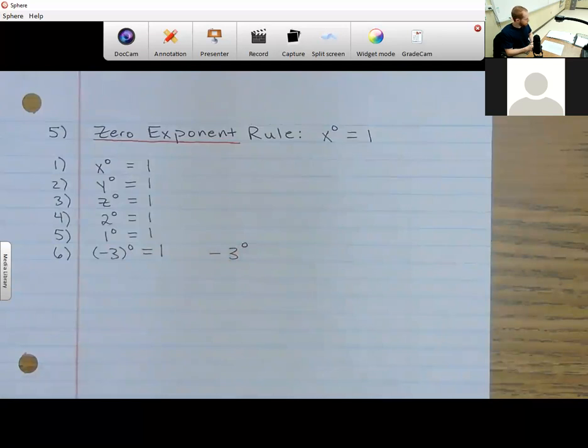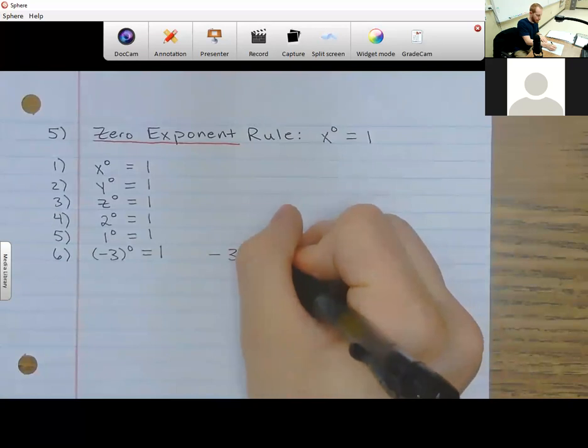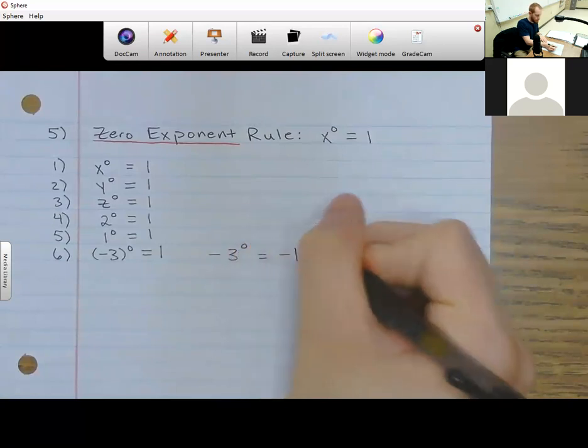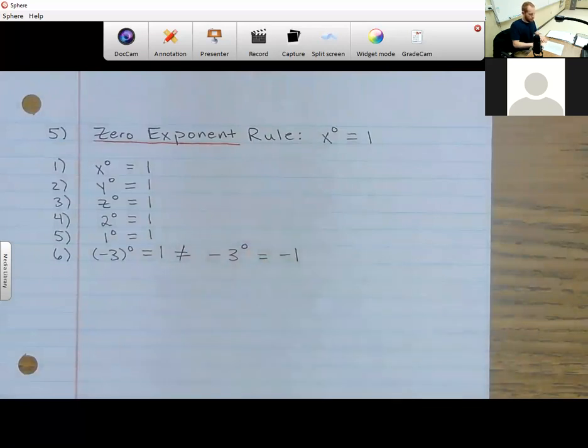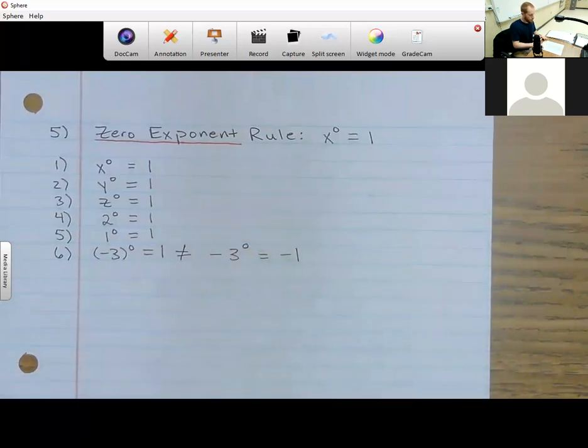So really what happens here is instead of getting a +1 for your answer, like you usually do, you're actually going to get a -1. So these two are not the same, obviously. They are 2 different problems, and I'll show you why. Notice how the parentheses are missing?